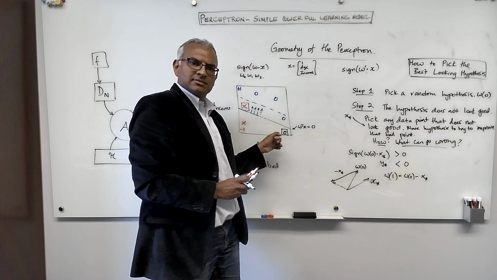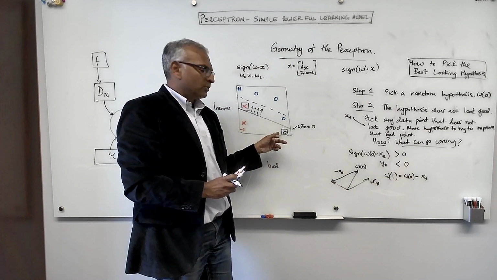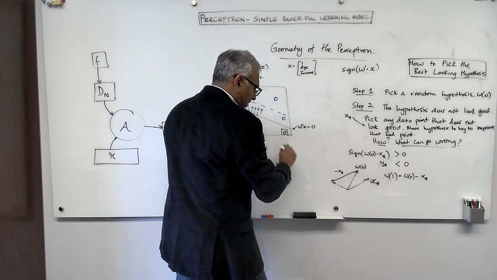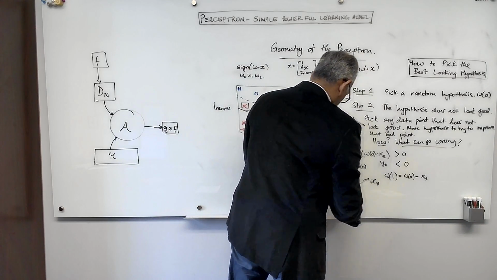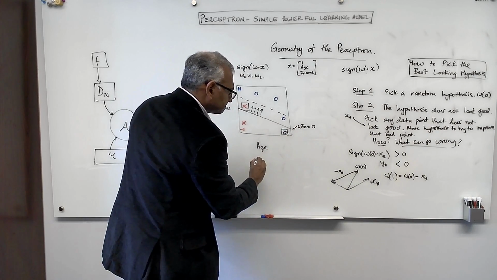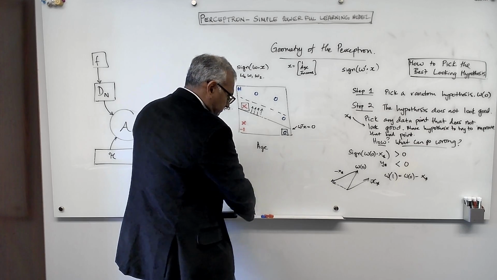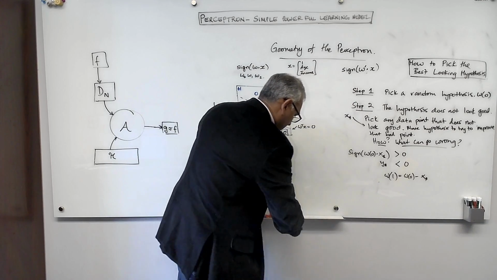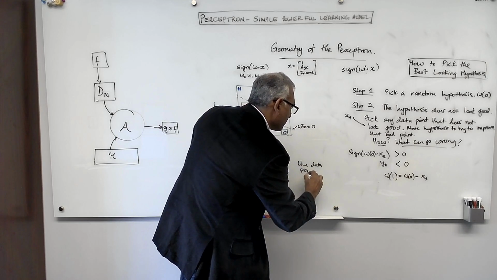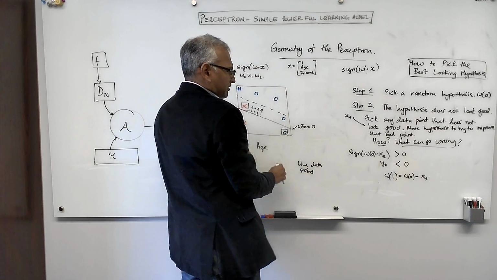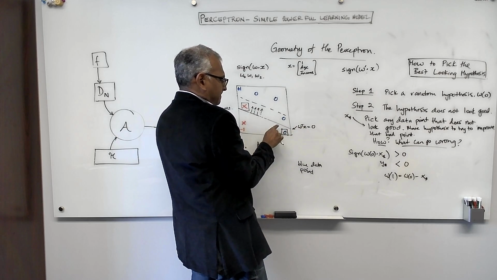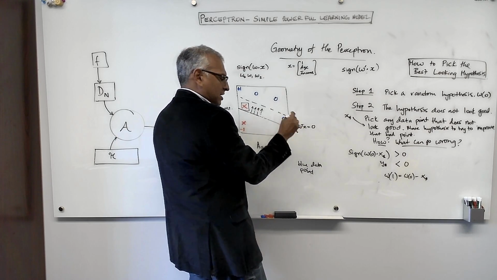Let's look at the other case, which is this blue data point. Supposing we had decided to work with this blue data point, which is also looking bad. For the blue data point, the sign of W0 transpose X star must be negative, because this blue data point is on the other side.